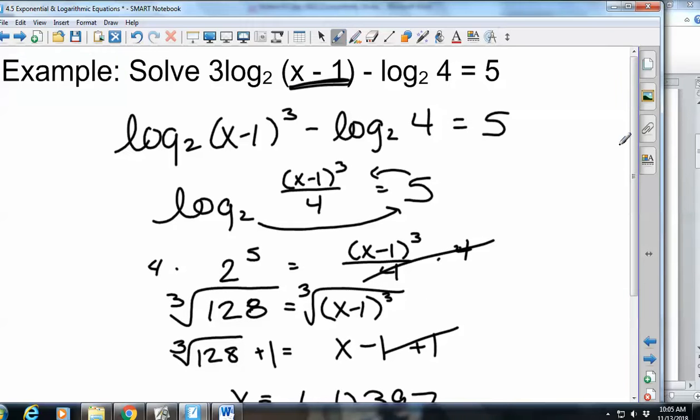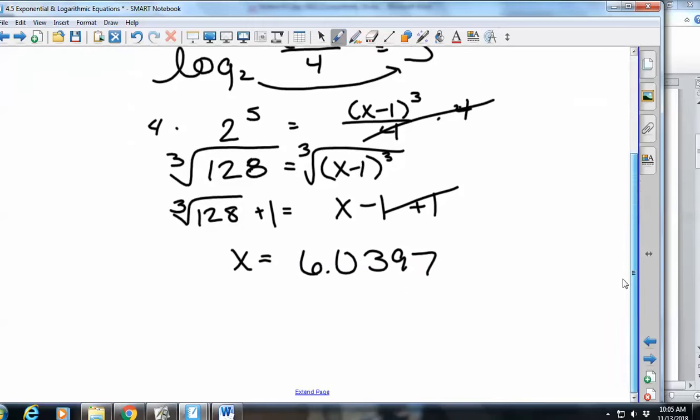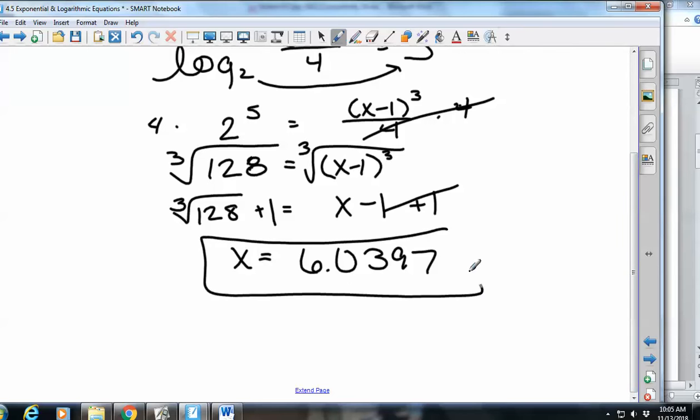Double check, if you put 6.03 in, your argument is positive, so that is okay. Can we just round up to 4, or do we have to keep this one? I would want more decimals, please. If you were going to 3, then it would be 6.040. If you were to go to 4, it'd be this.